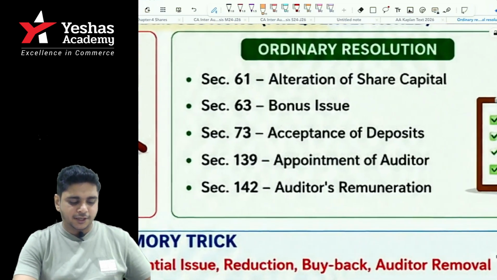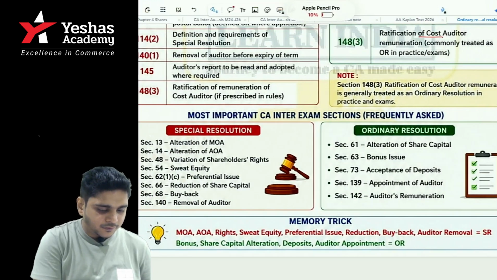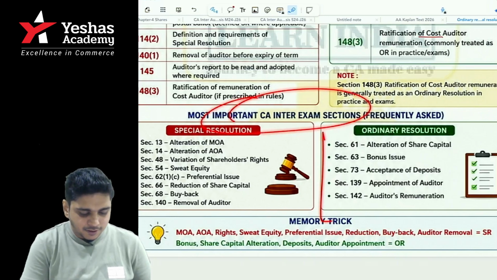Now see, those only are important. If you see at the bottom, we have made a working that says most important CA inter exam questions for OR.